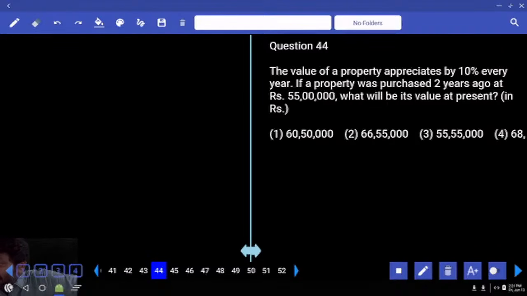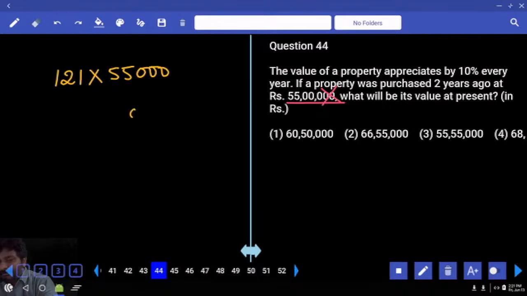For how many years? If earlier starting value was 100%, after 2 years it will become 121%. 2 years back value was mentioned and we were asked to calculate present value, correct? So you know that you are going to calculate 121% into 1% value. What is 1% value? Removing 2 zeros only. So that will be 55,000, correct?